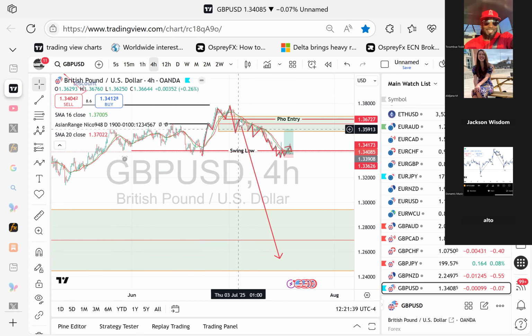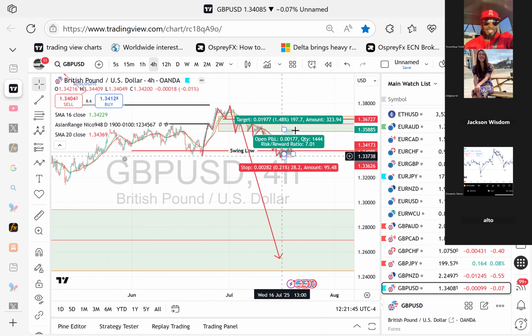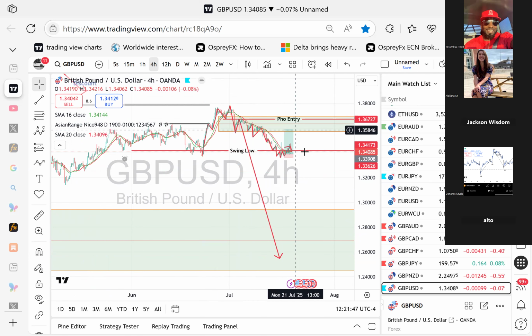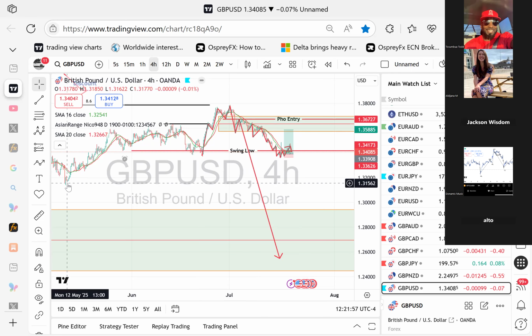Right? I'm in this trade and I'm just allowing price and time to do its thing. I know it's going to pull back every now and then. But as long as it continues to break these lows, then I'm cool. I expected it to pull back when it breaks a new low.